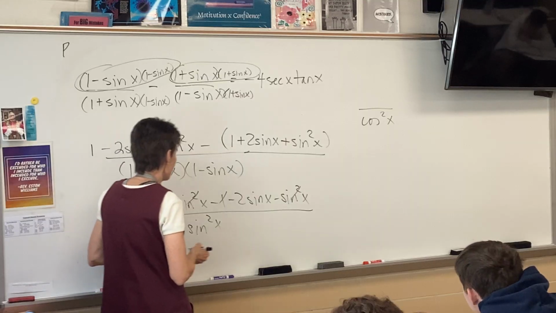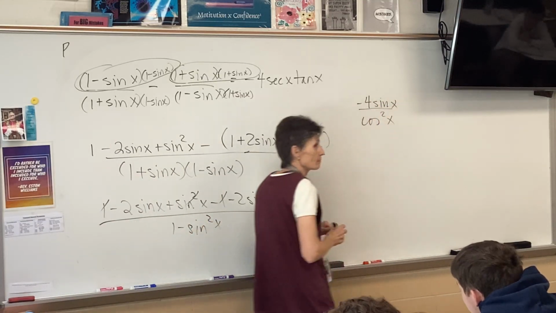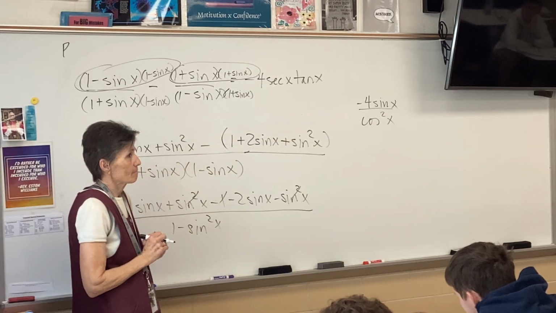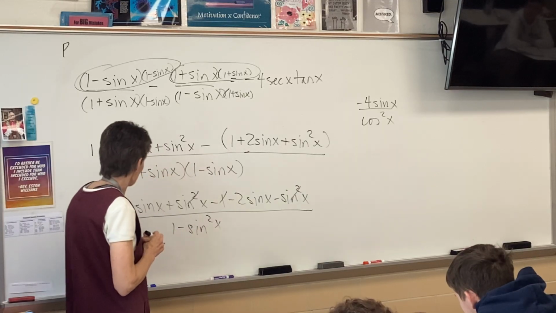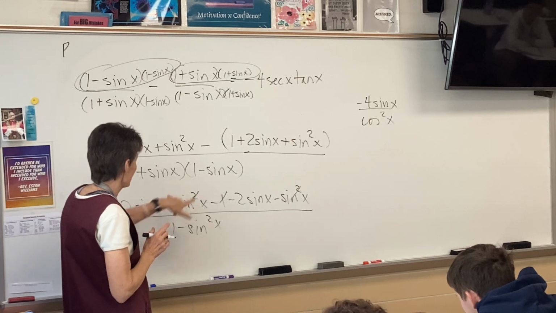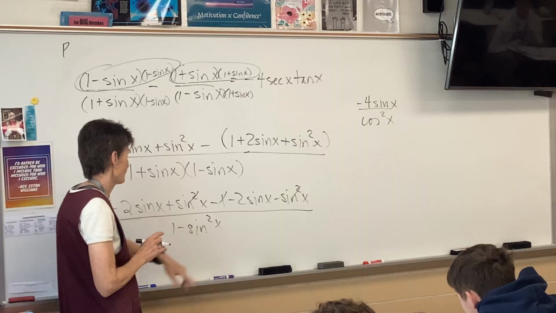I have negative 4 sine x. How'd you remove the 1 plus sine squared? Oh wait, no, you just turned it into... I foiled that. Nice, okay. Right? That's a FOIL.